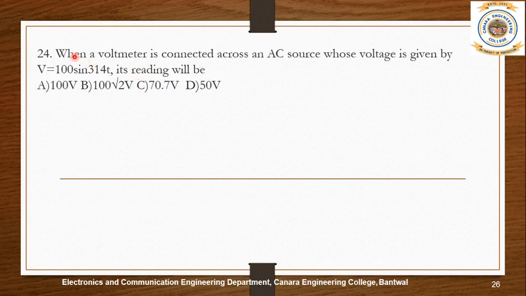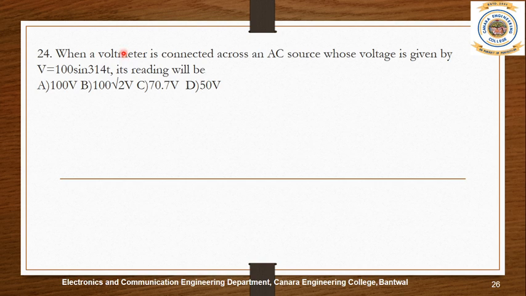Next, when a voltmeter is connected across an AC source whose voltage is given by V is equal to 100 sine 314t, its reading will be. Now this source voltage is connected to a voltmeter.